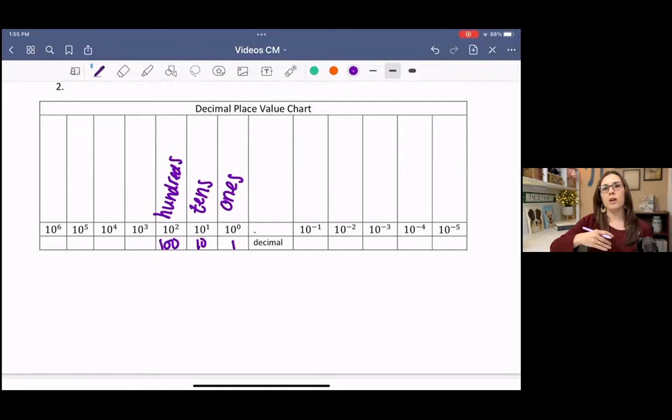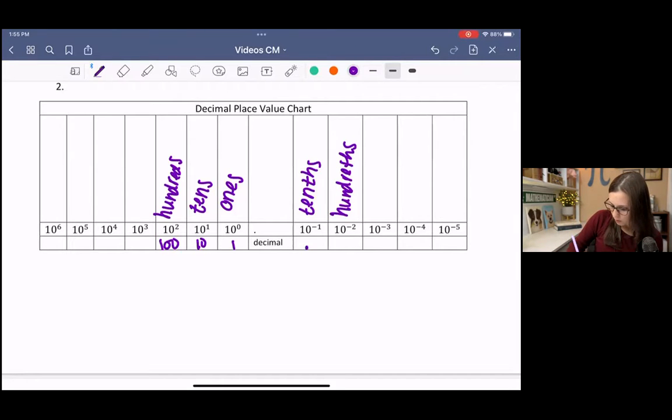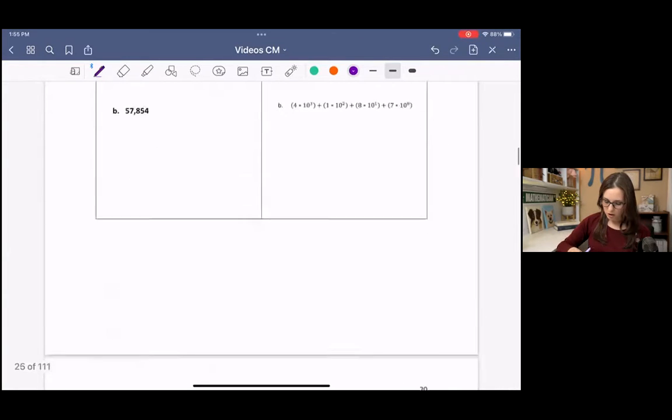And then if we go on the decimal side of this number, we have the tenths with a TH, hundredths with a TH, and so on. 0.1, 0.01, 0.001.